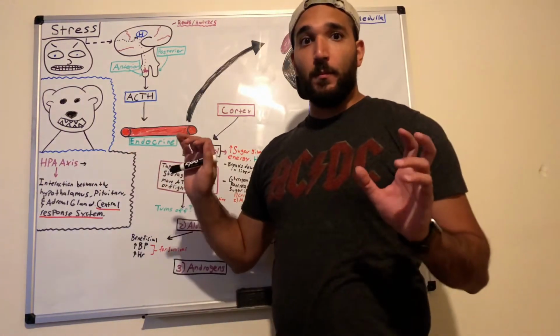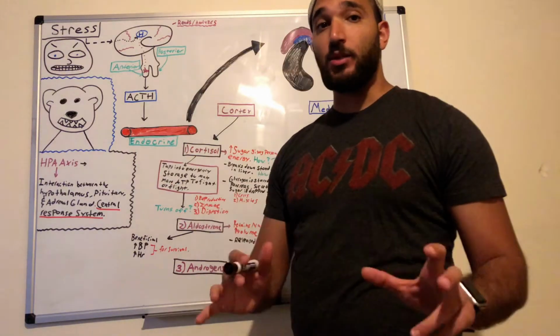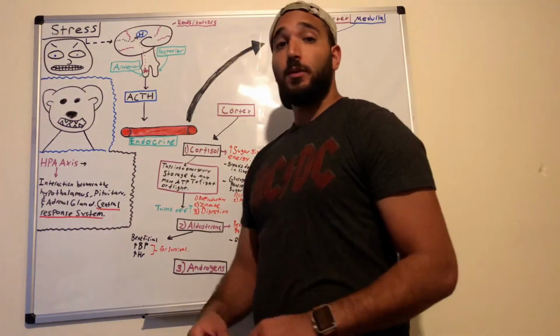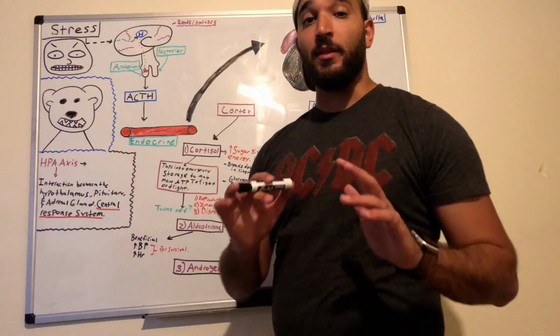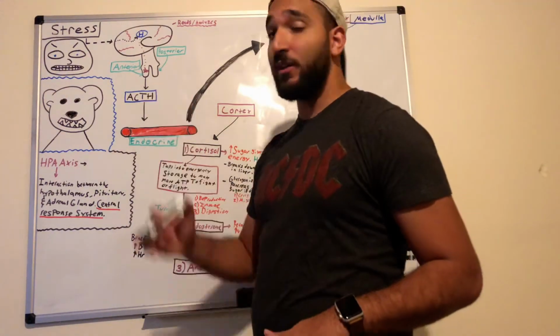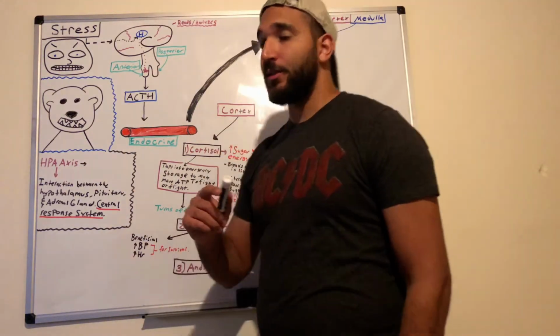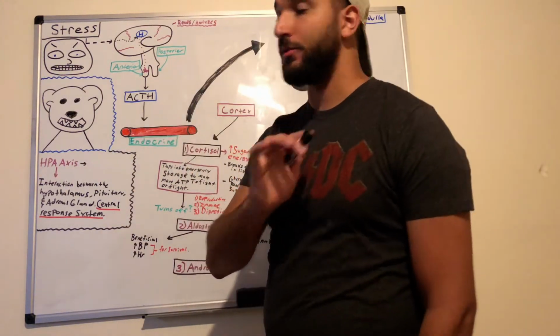So ultimately, the HPA axis is the central response system. The master gland in this scenario is the pituitary gland, specifically the anterior pituitary. So let's talk about how this response occurs.